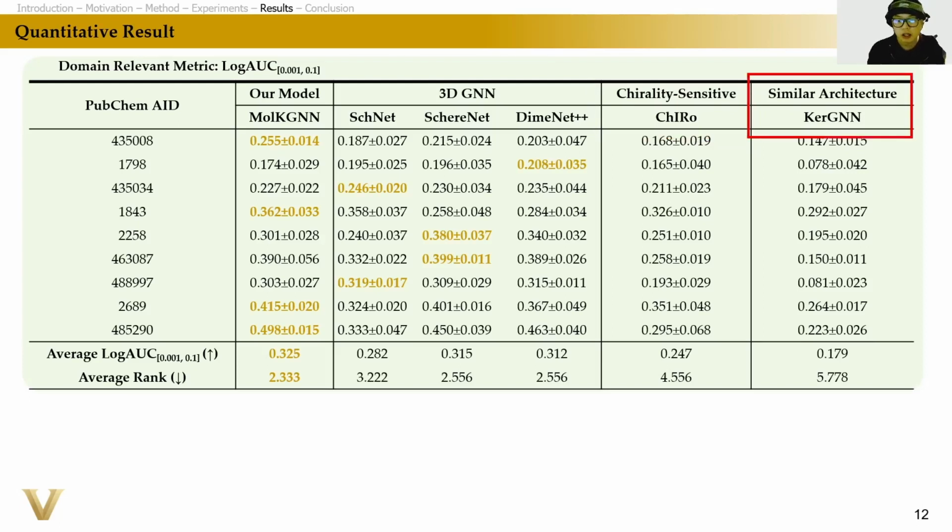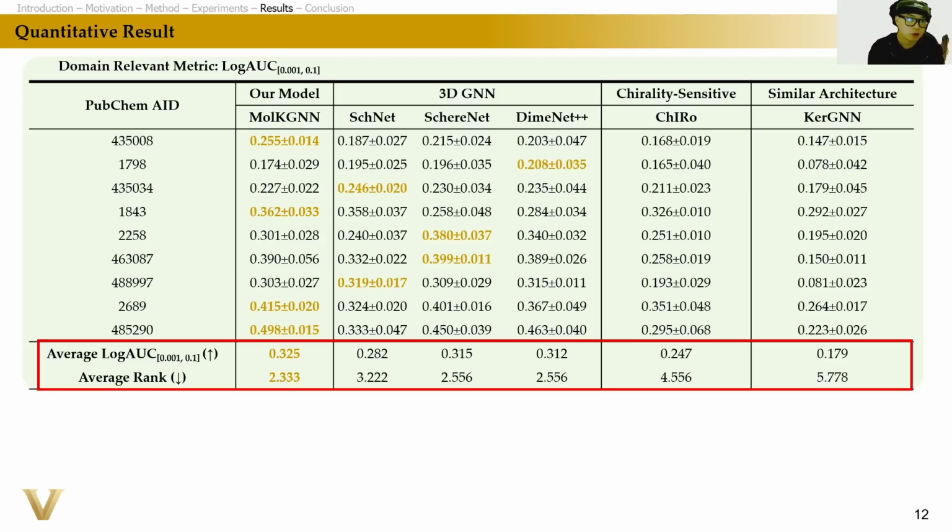And finally, we also have another set that shows a similar architecture to ours, and we have our model MolKGNN here. As you can see from the results, our model has a superior performance and also has the lowest average rank among all these models.